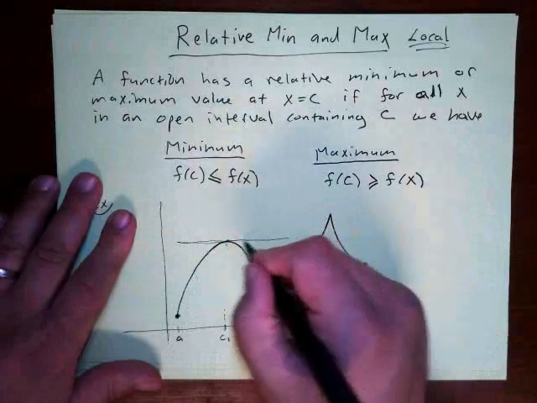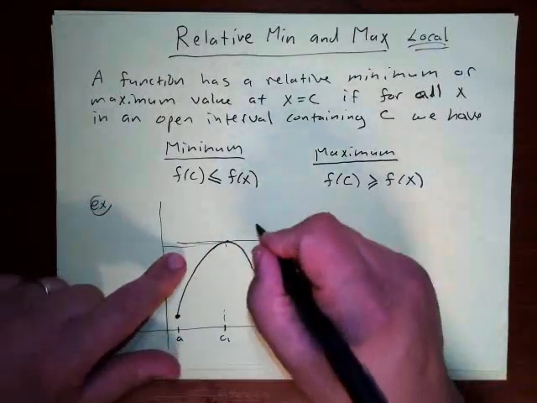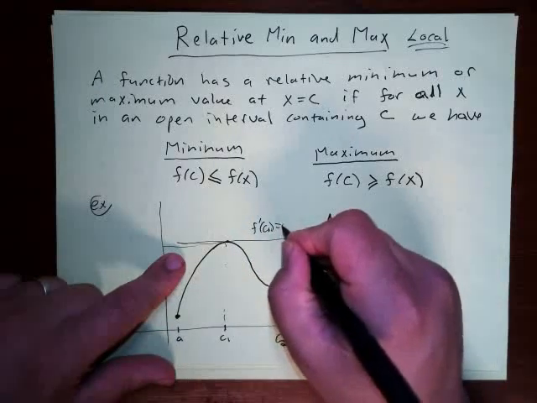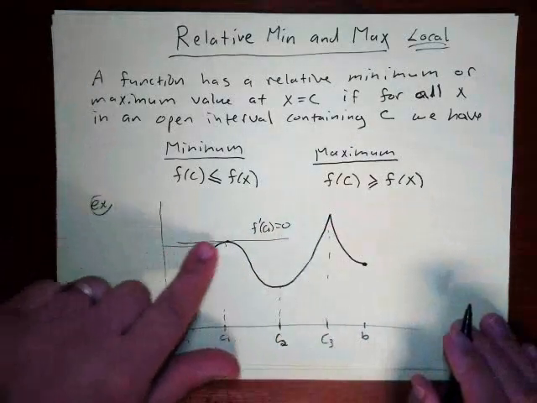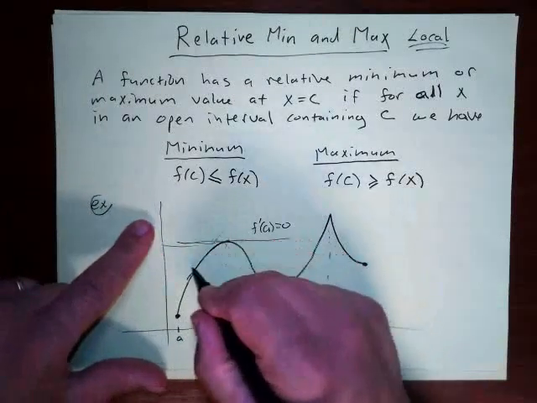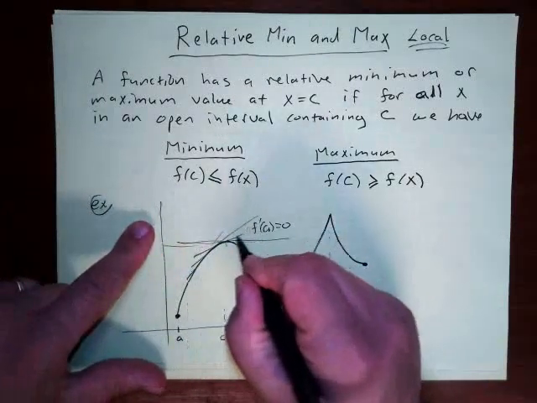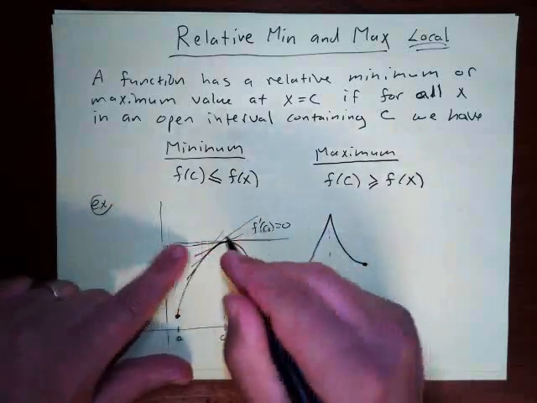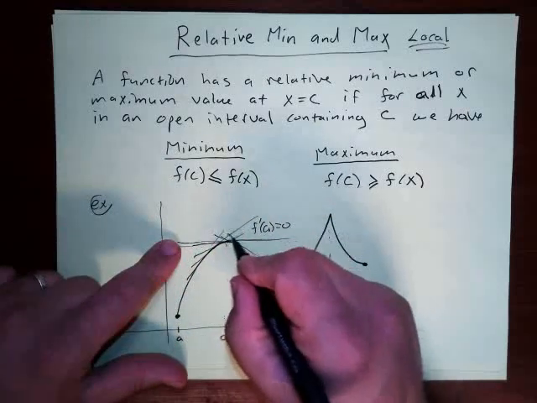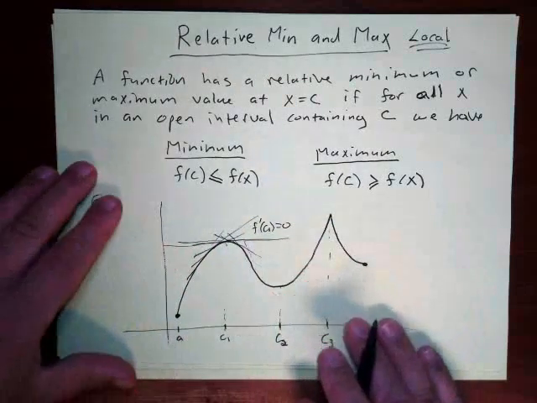Well, like I mentioned earlier, f prime of c1 here is equal to 0. So if you have a horizontal tangent line, that's where the graph makes its turn, right? It got positive tangent lines, they get smaller and smaller. At that point, it's 0, and then on this other side, they're negative, right?